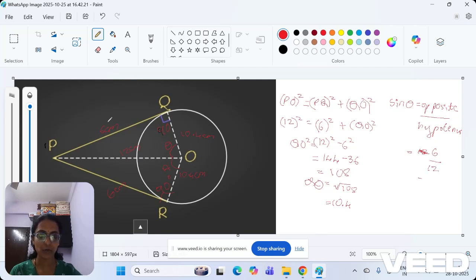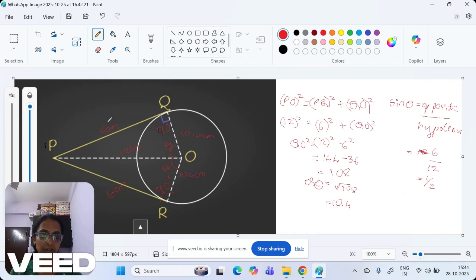So the value will be half if we simplify. So sine theta will be half. When sine theta is half, theta is 30 degree. It is a standard value. So here the theta value will be 30 degree.